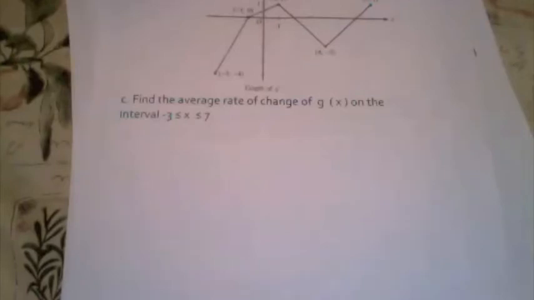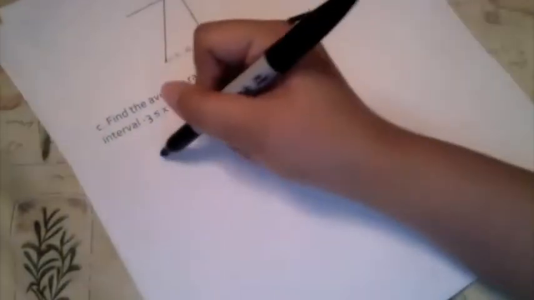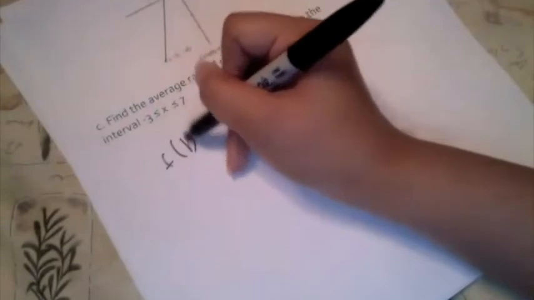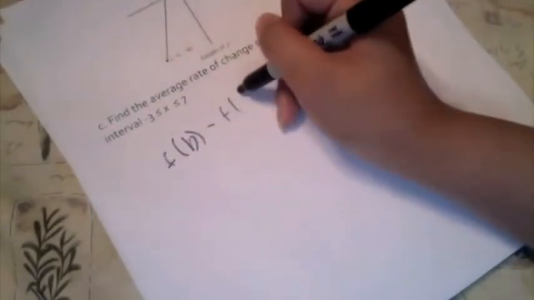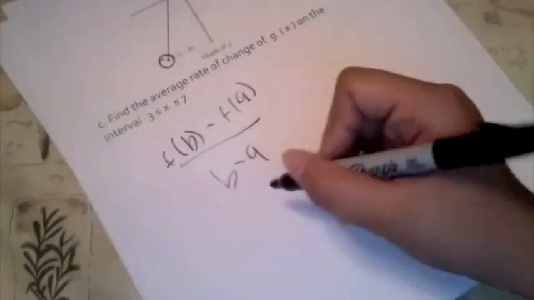So part C, find the average rate of change of g of x on the closed interval of -3 to 7. So the average rate is f of b minus f of a over b minus a. So that would be your endpoints, -3 and 7.